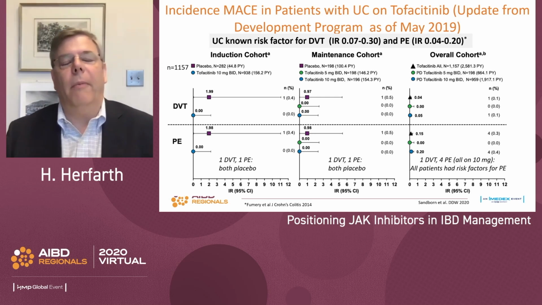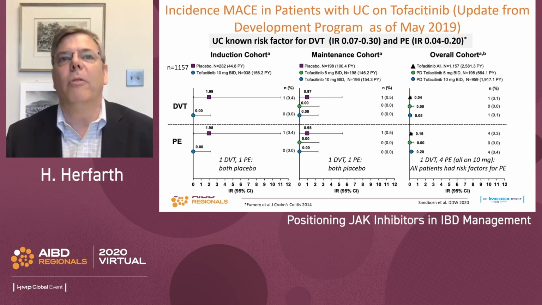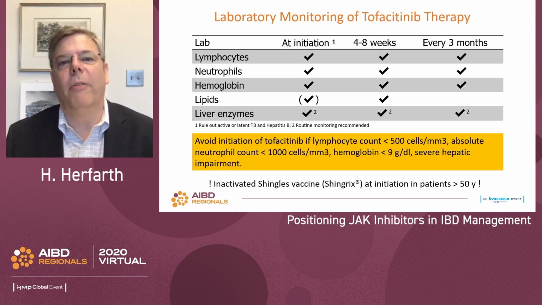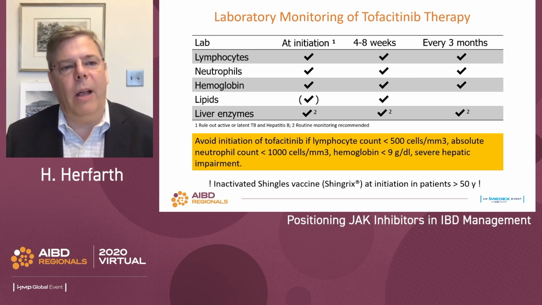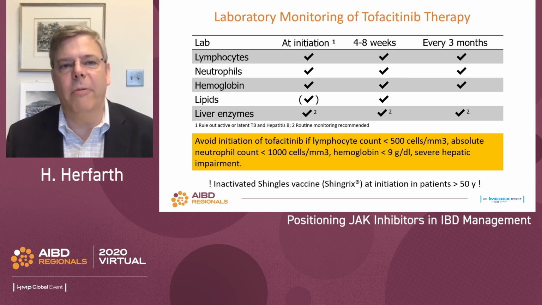Due to all the safety concerns as well as the risk of leukopenia, we generally recommend, and the FDA recommends this as well, laboratory monitoring of tofacitinib therapy. At initiation, you should do a CBC and differential as well as liver enzymes. You can check the lipids, but according to the recommendation, that is only meaningful after 4 to 8 weeks to see if there's a significant elevation.